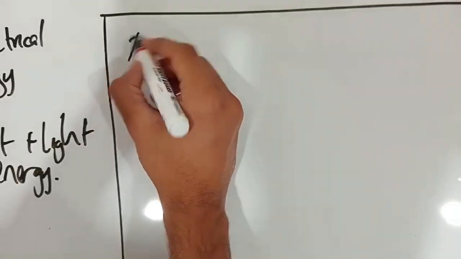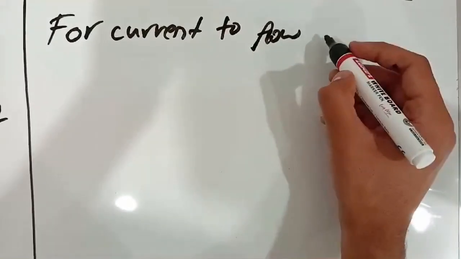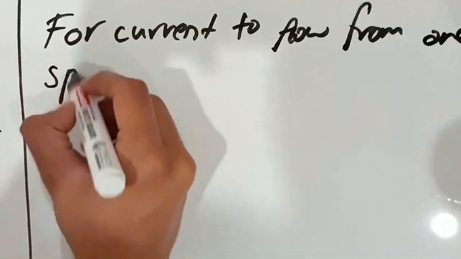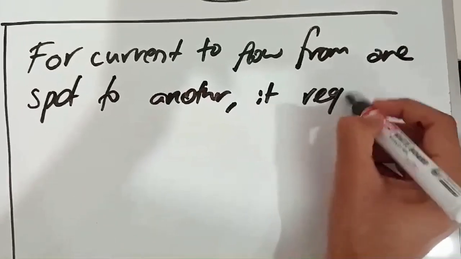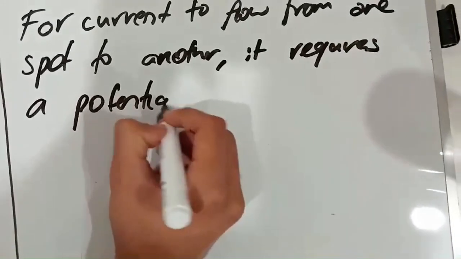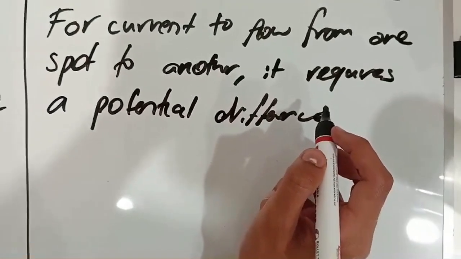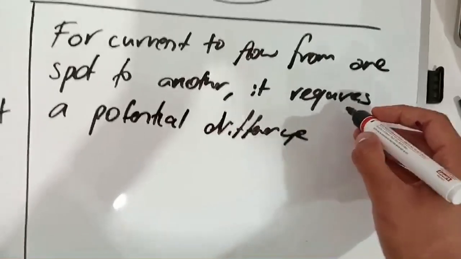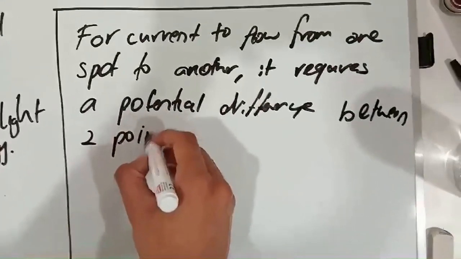For current to flow from one spot, it requires a potential difference between 2 points.